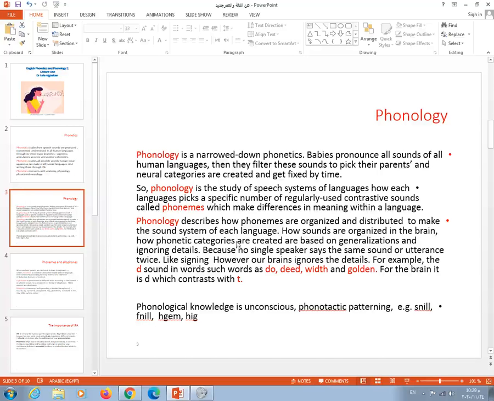Phonology also describes how these sounds are organized in the brain, because the way sounds are organized in the brain and the way phonetic categories are created in the brain are based on generalizations. We are blessed, as the book says here on page, I think.